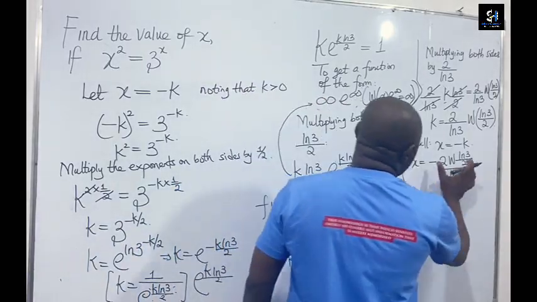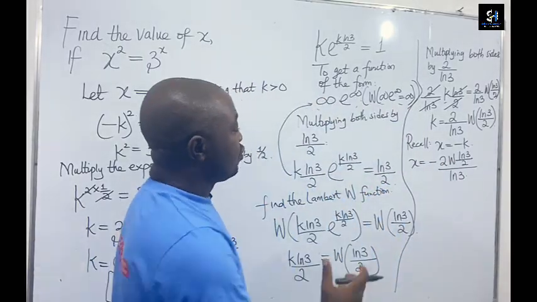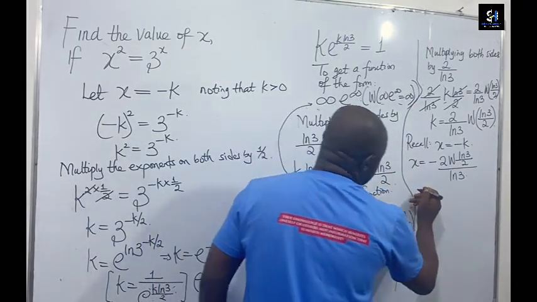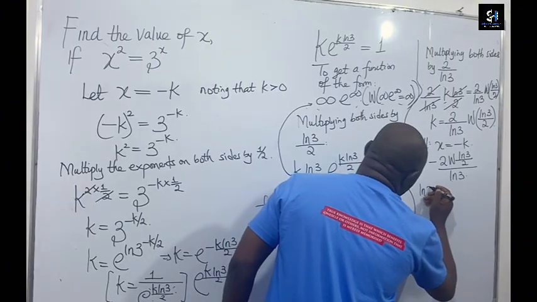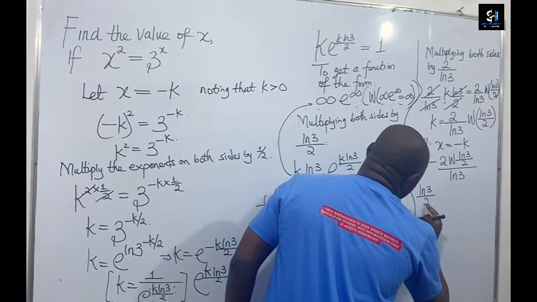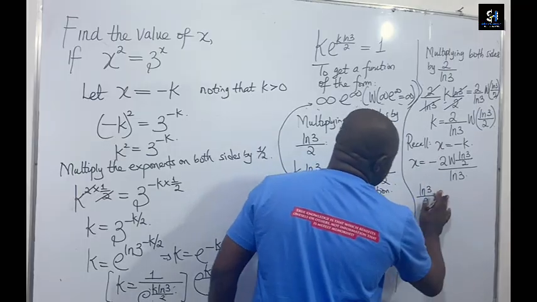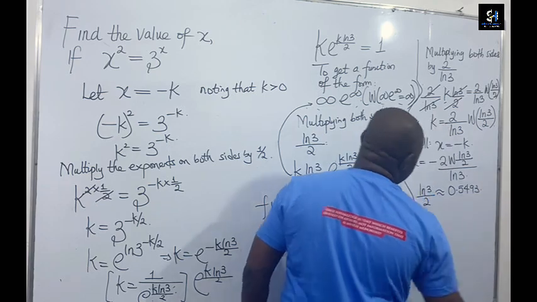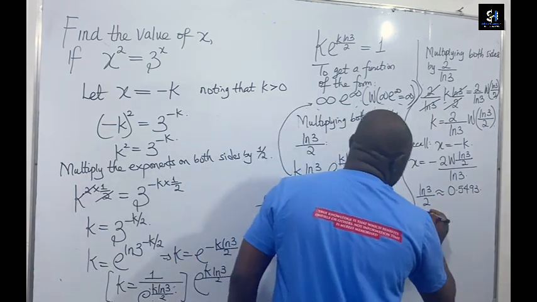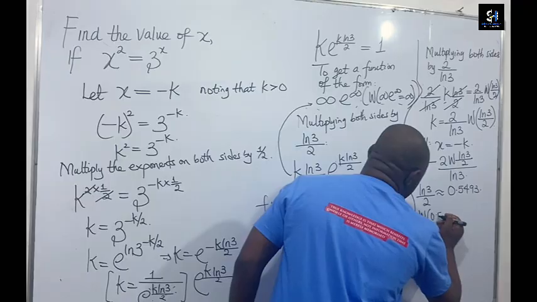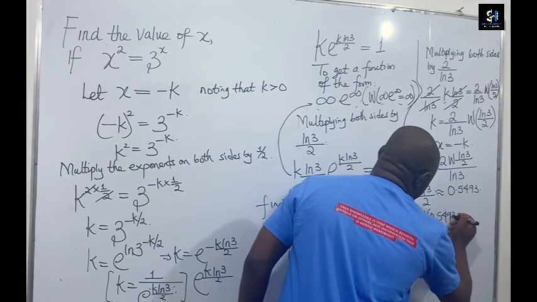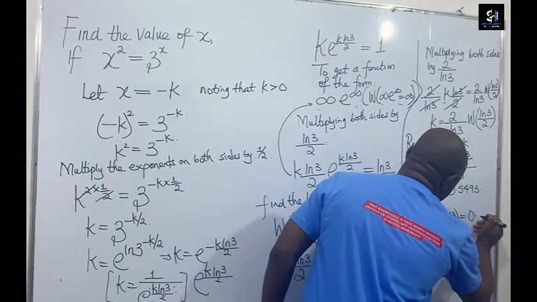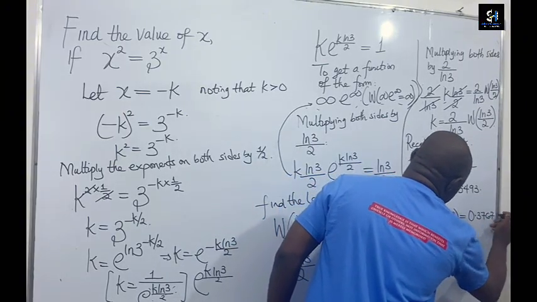Now, when I look for the numerical solution for the value of x, first of all, I found that ln 3 over 2 is approximately equal to 0.5493, so the Lambert W function of 0.5493 will be equal to 0.3767.